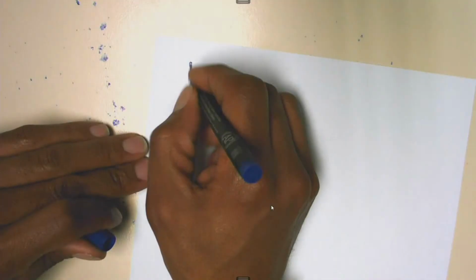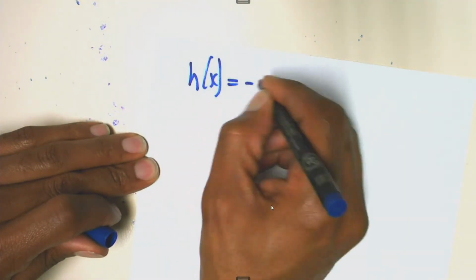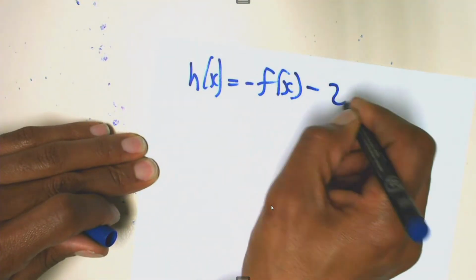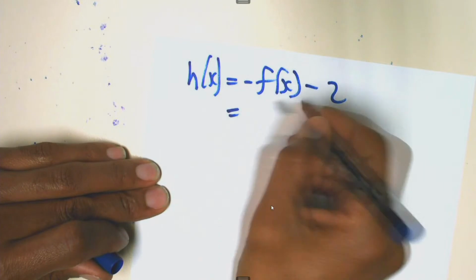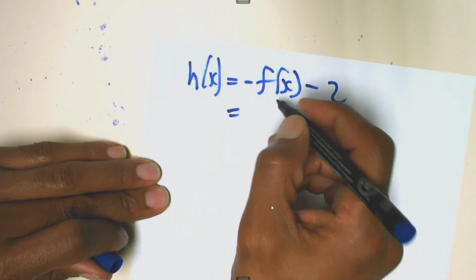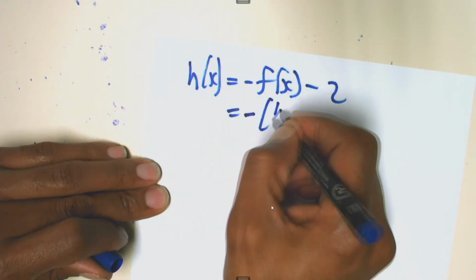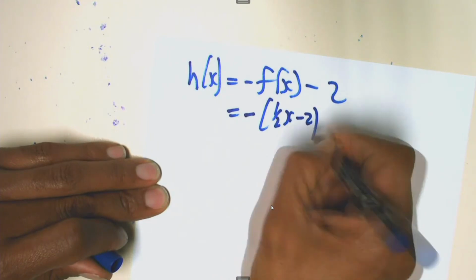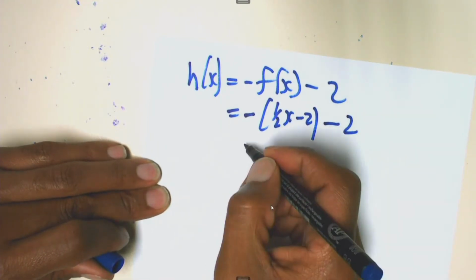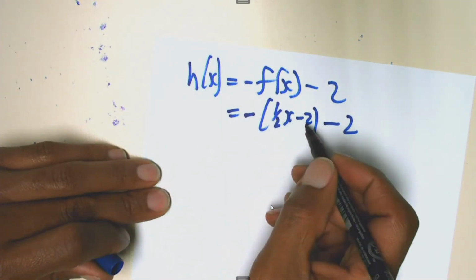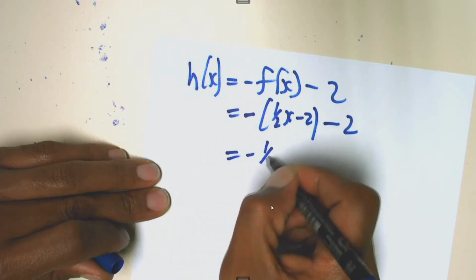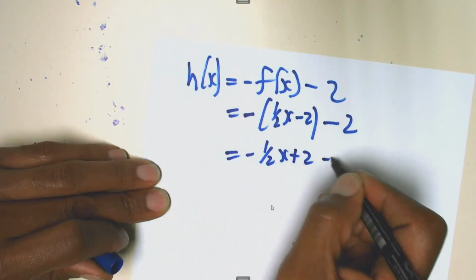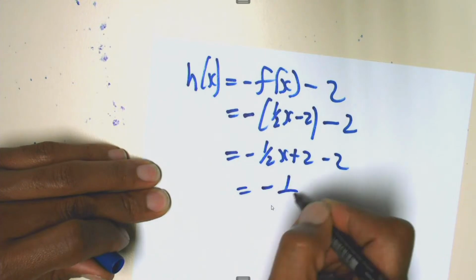We have the new function h of x equals minus f of x minus 2. You are reflecting this one on the x-axis, so it will be minus into a half x squared minus 2, then minus 2, right? You multiply the y with negative. So then we have negative 1 over 2 x squared, then plus 2 minus 2, and we get negative 1 over 2 x squared.